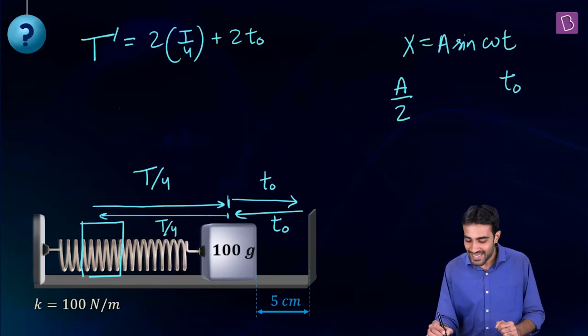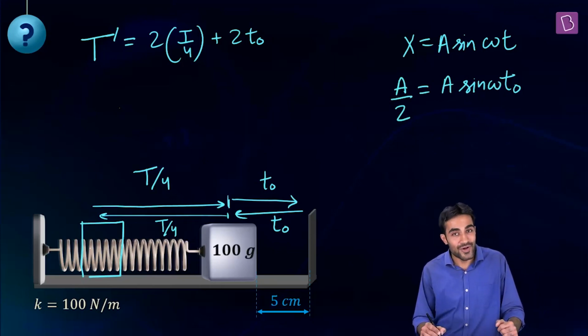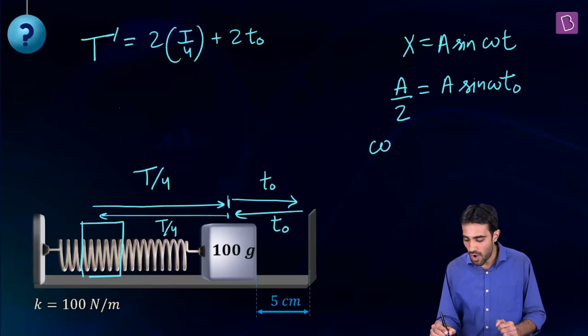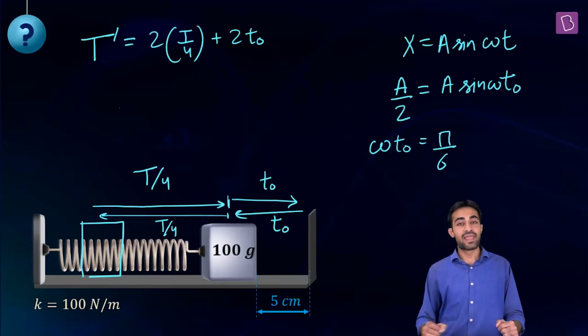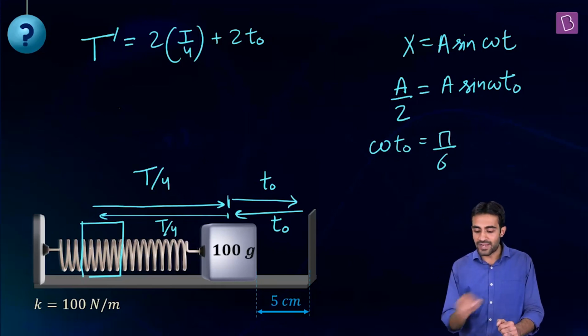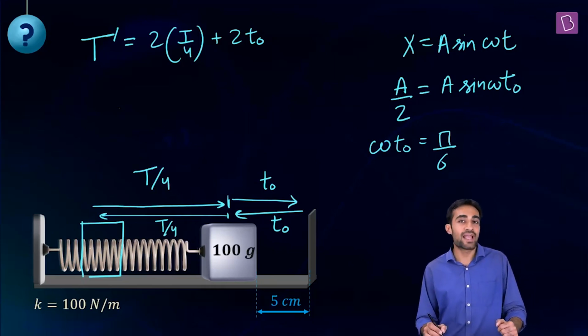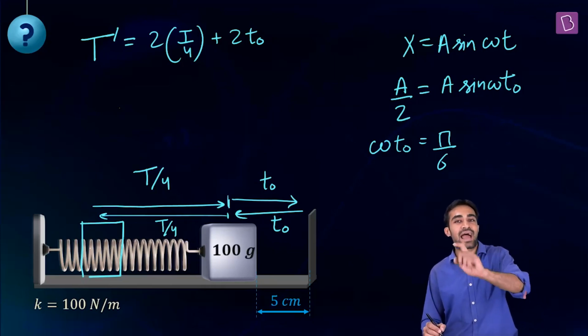So a by 2 equals a sin of omega t naught. This will give us t naught. The smallest positive value of omega t naught comes out to be pi by 6. And what can we write in place of omega? Omega equals 2 pi by time period.